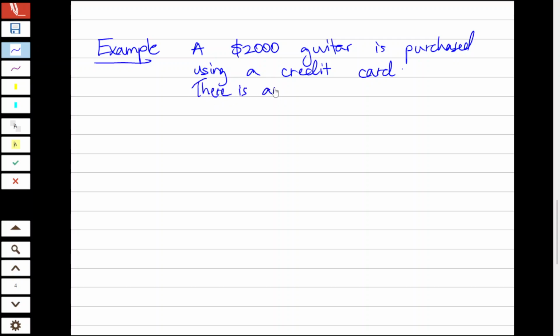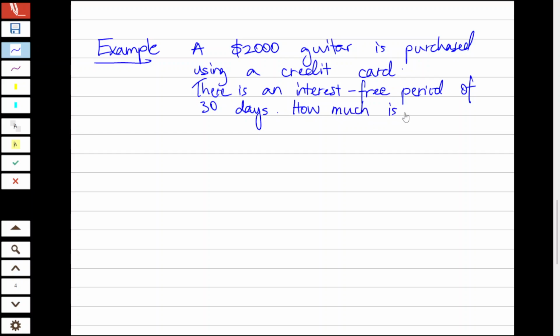There is an interest-free period of 30 days. How much is owed after, let's say, 1 year? So we waited a whole year before paying this off.